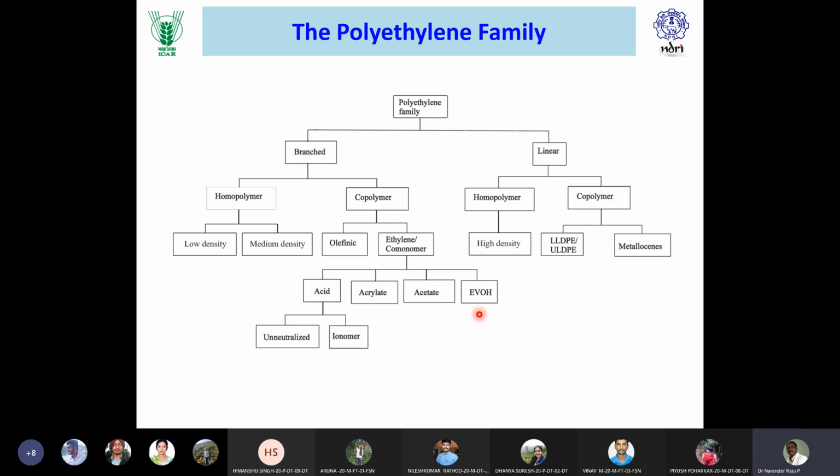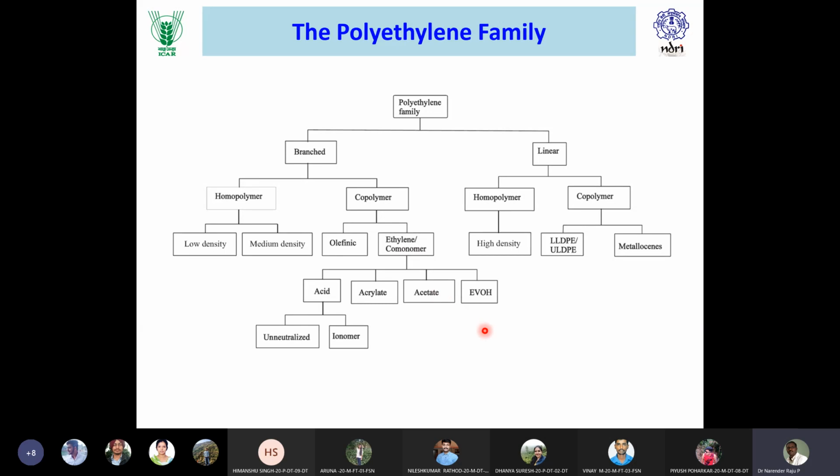Right? Now, we are not really interested in how this material is getting transformed chemically, but at least to give you an idea that the outcome of the controlled hydrolysis of the vinyl acetate group leads to vinyl alcohol, and that's the reason why this is classified under the same umbrella of ethylene comonomer groups.